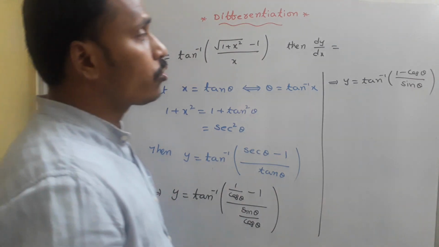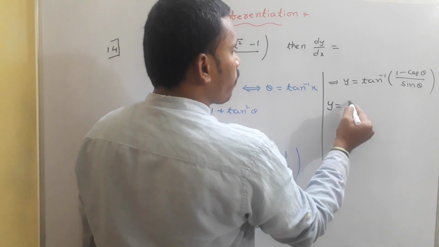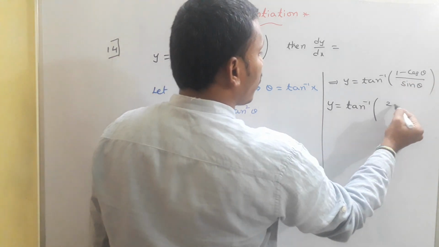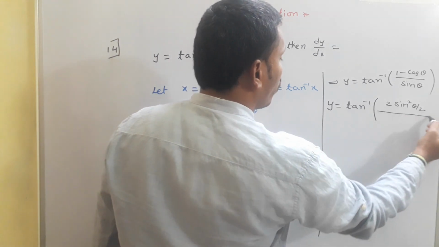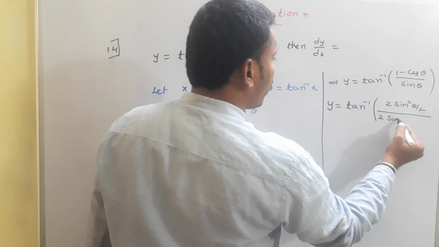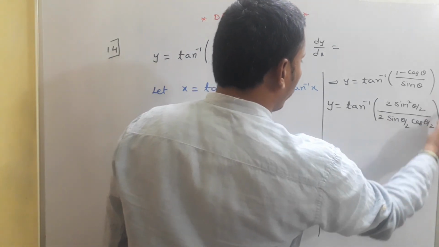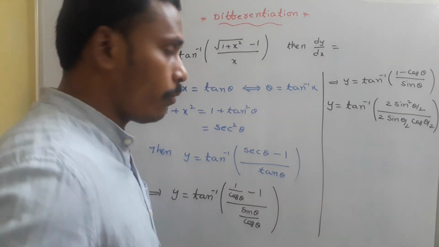Still there is more to simplify. 1 minus cos theta is 2 sin square theta by 2, just by the half angle rule, and the denominator sin theta is 2 sin theta by 2 cos theta by 2.